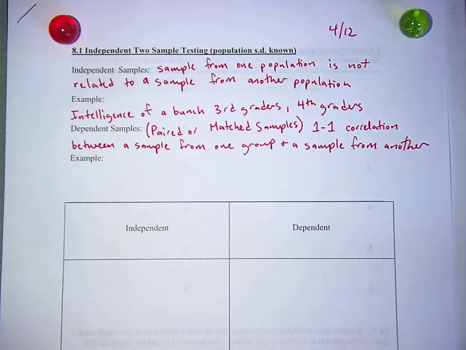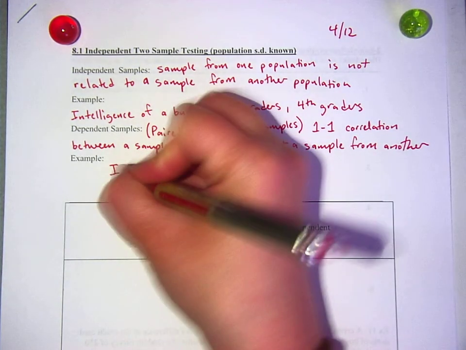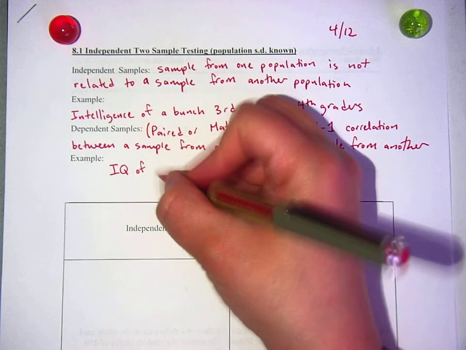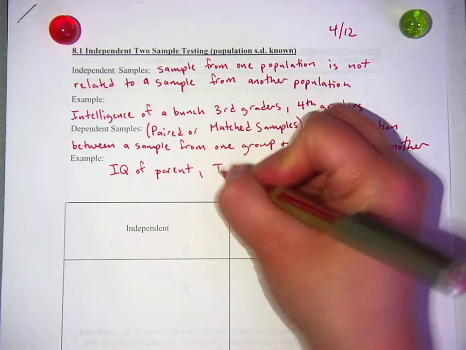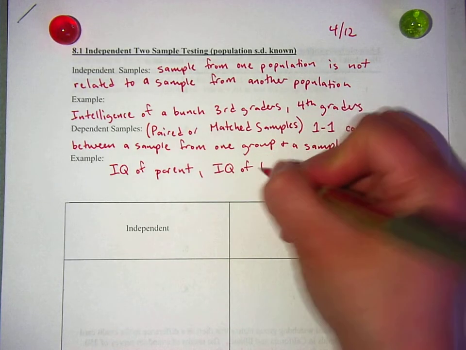It can also be the exact same group. It can be like a before and an after. An example of that could be like an IQ of a parent and IQ of their child.